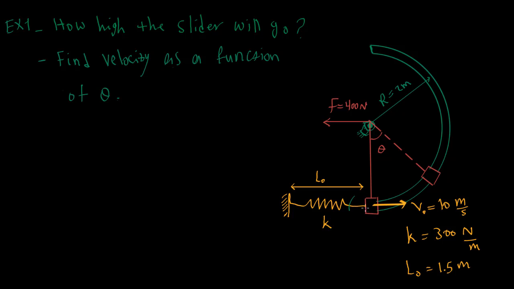Here, we have three forces that are acting on the particle. One is a spring force, which is a conservative force, and I leave that to you to show that the spring force is a conservative force. We also have the force of gravity, in this direction.